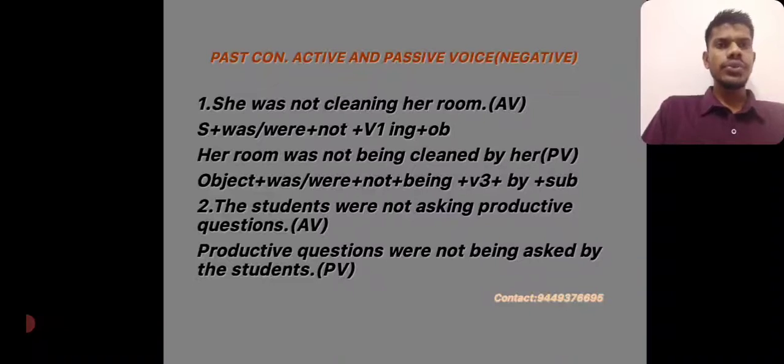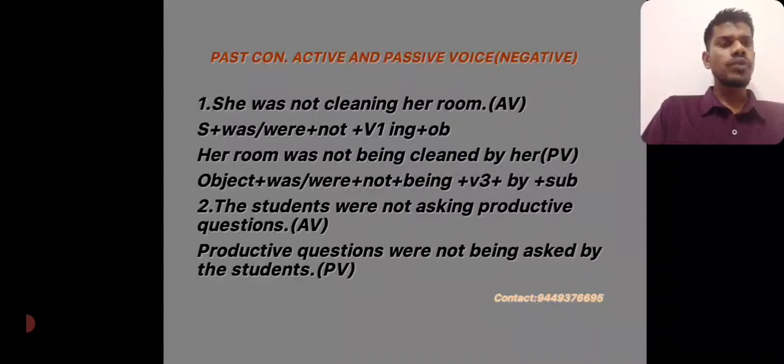First we have to use subject plus verb not plus V1 ing plus object. First we have to use the subject, that is the doer of an action, followed by be form, that is was or were, plus negative word, that is not, plus V1 ing, then object. It is the structure for past continuous or past progressive sentence.